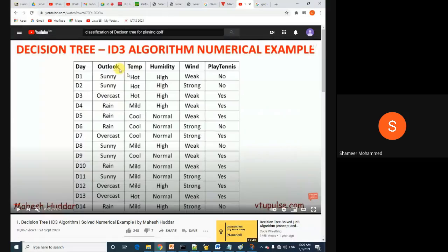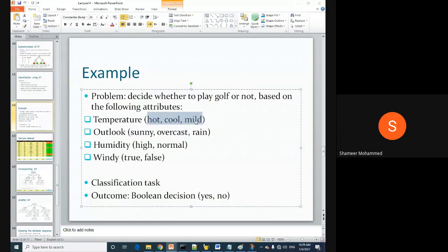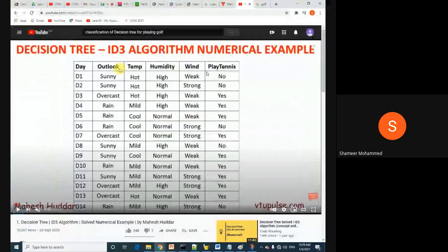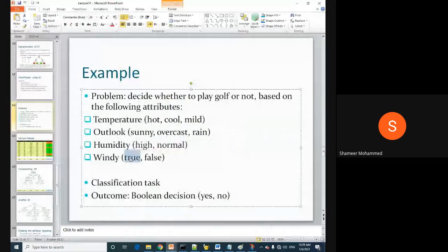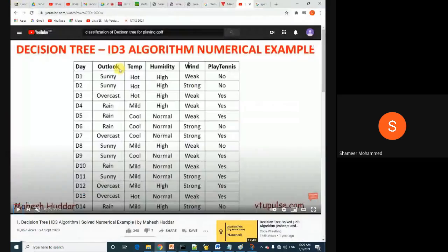Then temperature: hot, cold, mild, three values. Then humidity: high, normal, two values. Wind: strong, weak, two values. Are you playing golf or tennis, yes, no, like this.